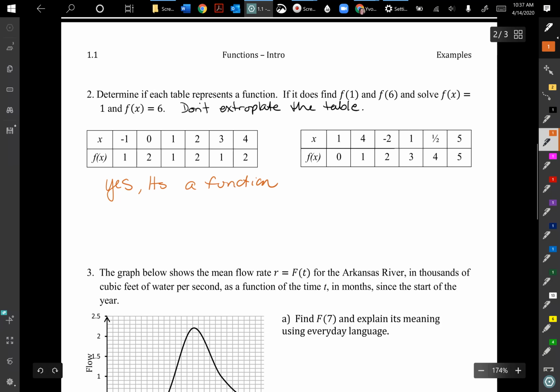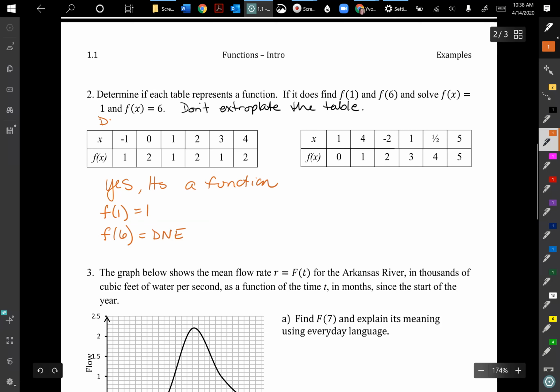Then we were looking for f of 1 is the first question. So if I have 1, that goes to 1 right here. So my answer is 1. F of 6. Since 6 is not in my domain, I'm going to write does not exist.